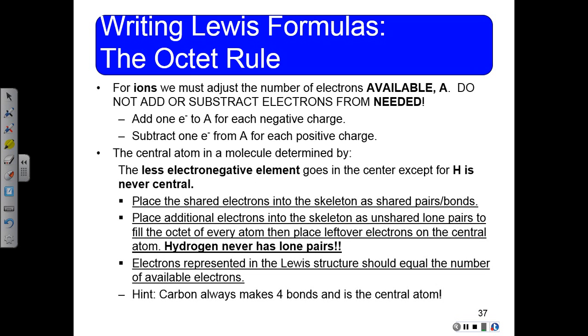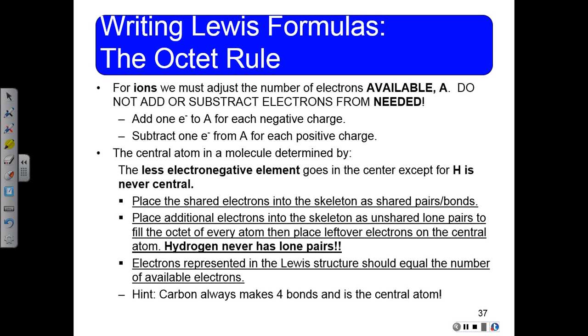If you have an ion, which means your compound's not neutral, you're going to add or subtract an electron depending on whether it's a positive or negative charge, and you're going to do this in the A column of your NASB method. Everybody underline that or write that down. It's a common mistake to try to adjust for an ion in the needed column. Needed never changes. It's always 8 for every atom or 2 for hydrogen.